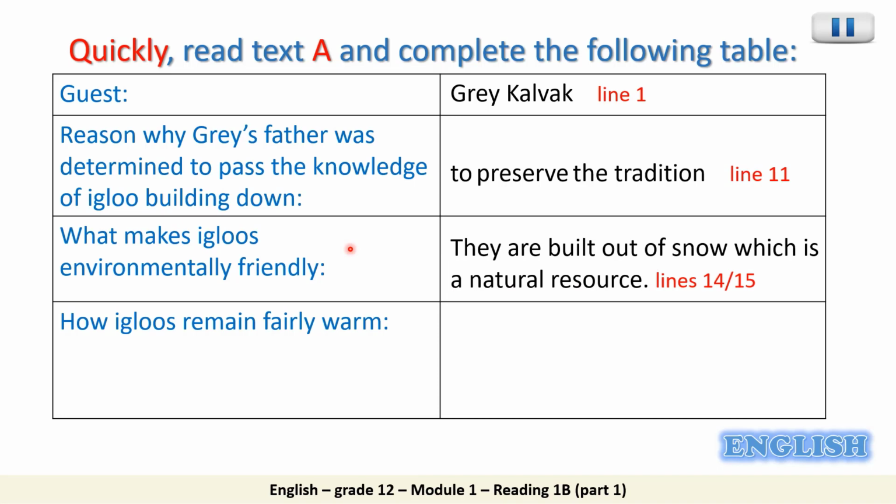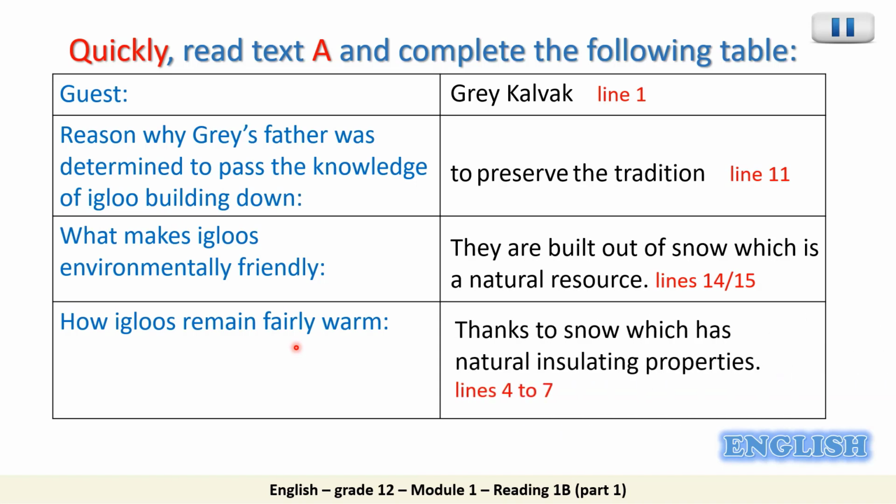Well, they are good for the environment because they are built out of snow, and snow is not harmful to the environment. Igloos are warmer inside than the weather outside, and this is because of their insulating properties. And by insulating we mean they stop the cold from getting inside the igloo.